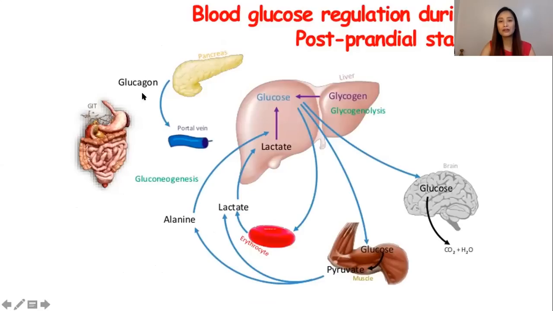And the glucagon will now stimulate gluconeogenesis, free fatty acid release, and glycogenolysis here, in order to increase glucose level. And you will need to utilize gluconeogenic precursors, such as your lactate, in order to facilitate gluconeogenesis.